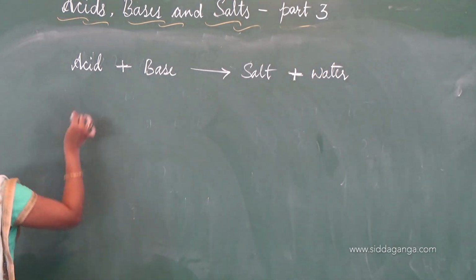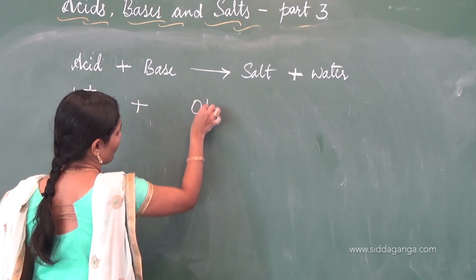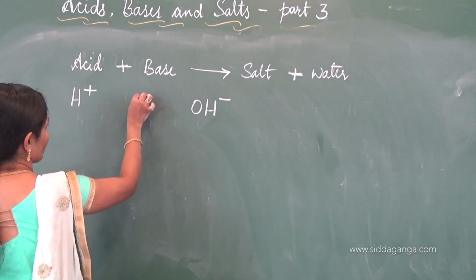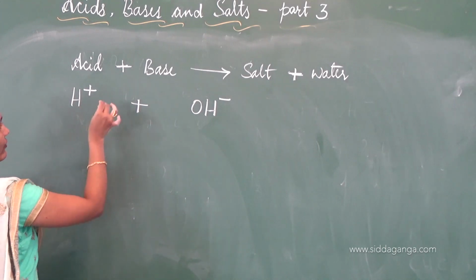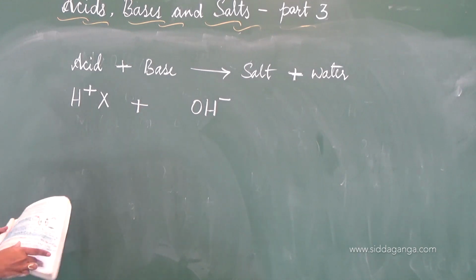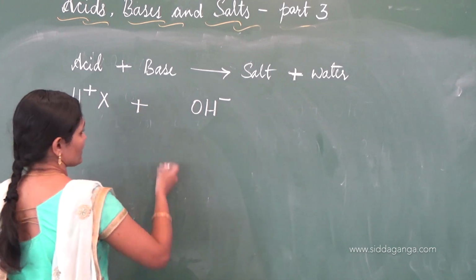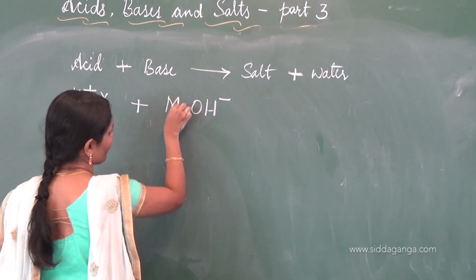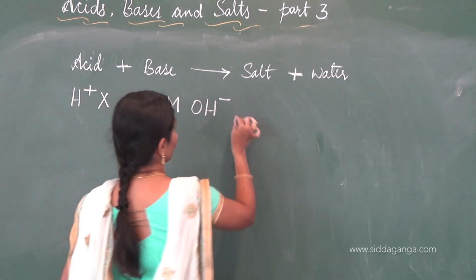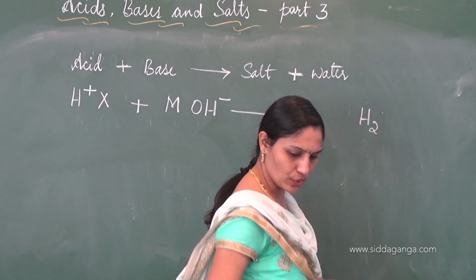We know that acids have H+ ion in common and bases have OH- ion in common. Is it not? Apart from this, whatever else the acid has, we will write it down with the letter X. And with bases, apart from OH- ions, whatever it has got, we will mention it with M. We know that water is formed, H2O or HOH.